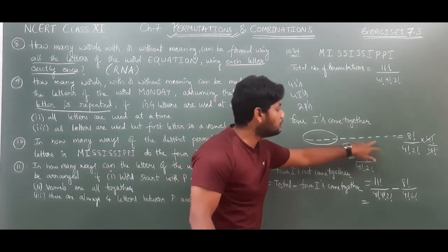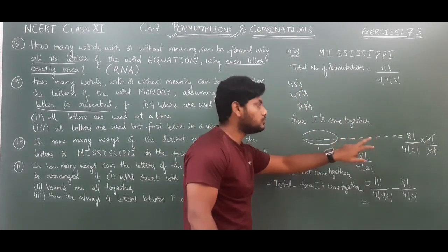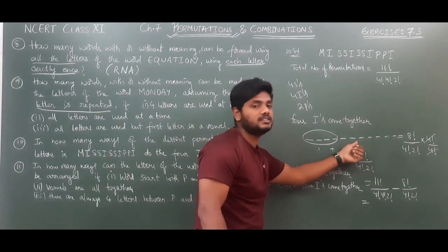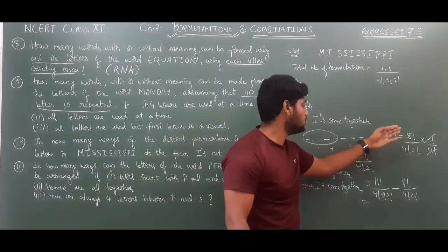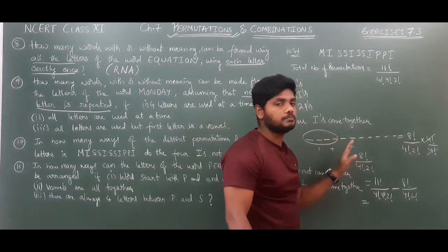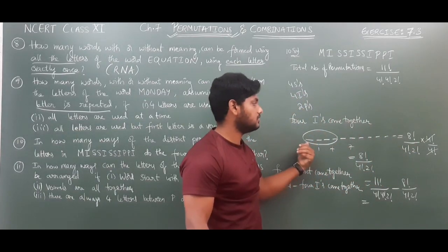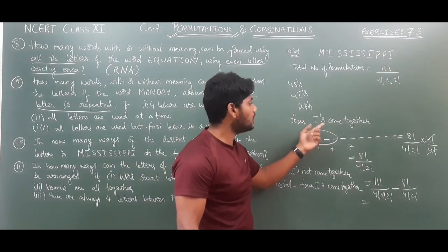In that 8, any repeated? Yes, 4 S's are there, 2 P's are there. Here you should not consider the 4 I's again, because we are treating them as 1 unit. So total 8 divided by 4 into 2. After completion of this step, you come back to this one. Here how many are there? 4. 4 factorial divided by 4 factorial, as they are I's only.